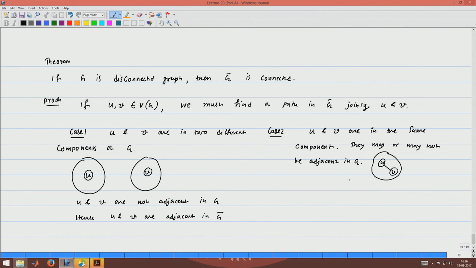Now, suppose W is another vertex in the other component.